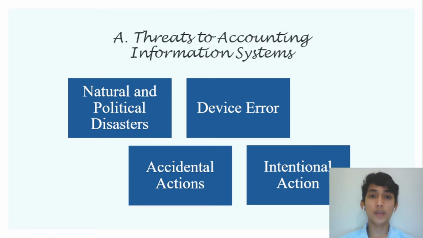Number three is accidental action, in the form of accidents, errors and negligence, which are the biggest risks to information systems and cause $1 million in loss. And number four is intentional action, such as computer crime, fraud, or sabotage that is harmful and damages a system.